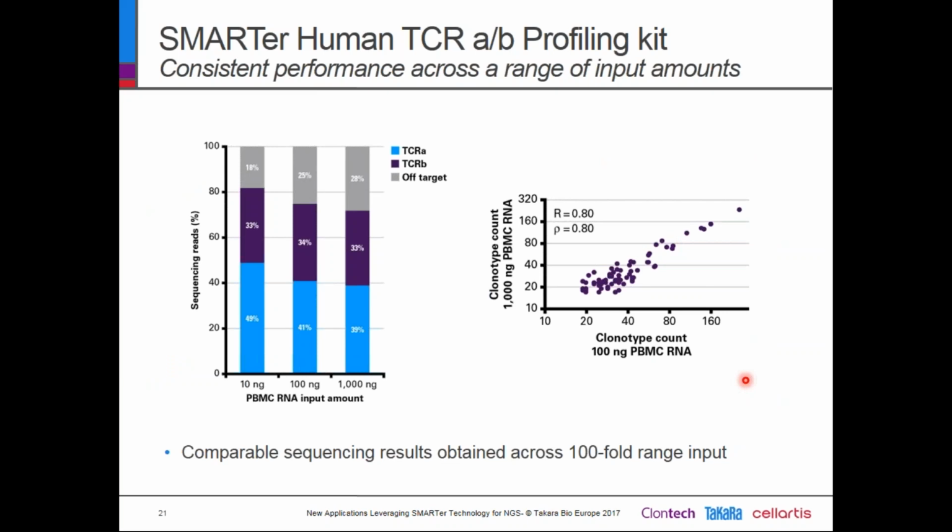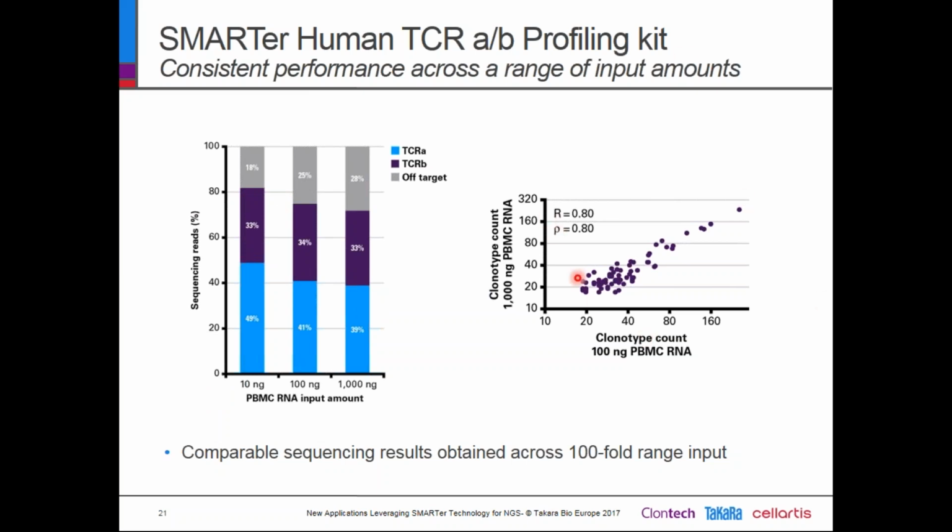When we sequence these libraries prepared with PBMC RNA, we can see that most of the reads are on target. They correspond to TCR alpha and beta in more or less similar proportions, as one could expect.